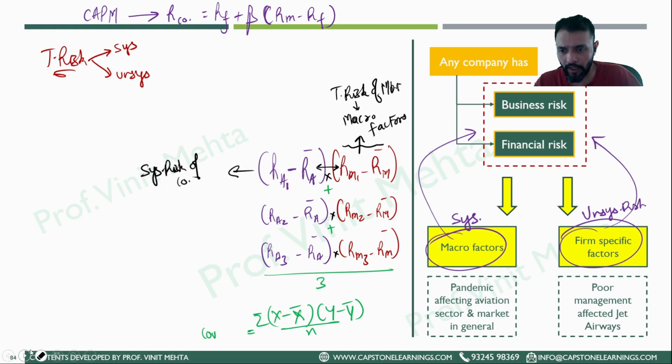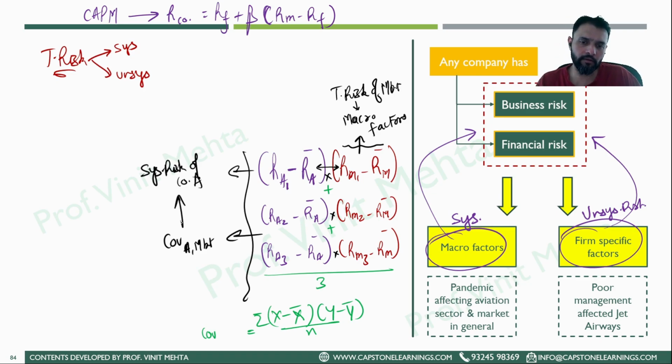Don't you think that covariance of company A with the market captures the systematic risk of company A? And this is exactly how much the macro factors are affecting the company.